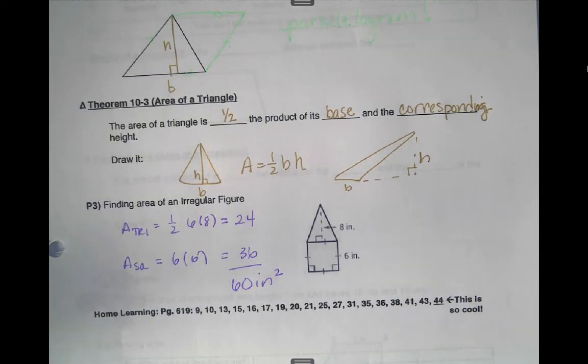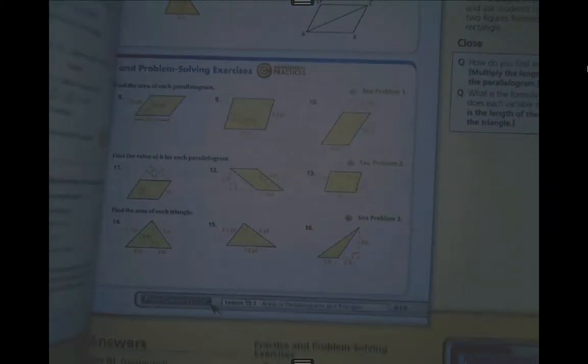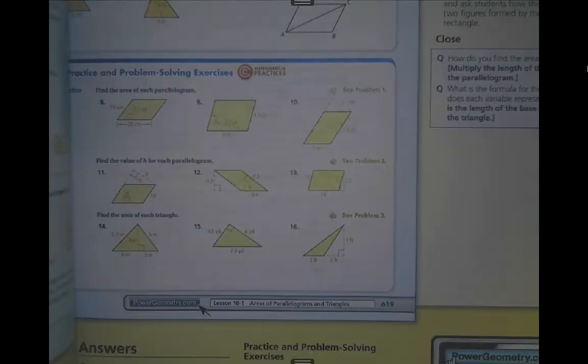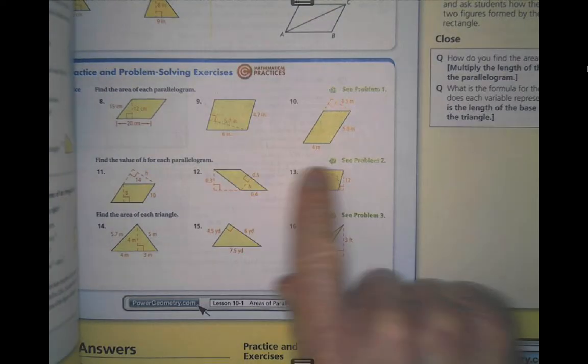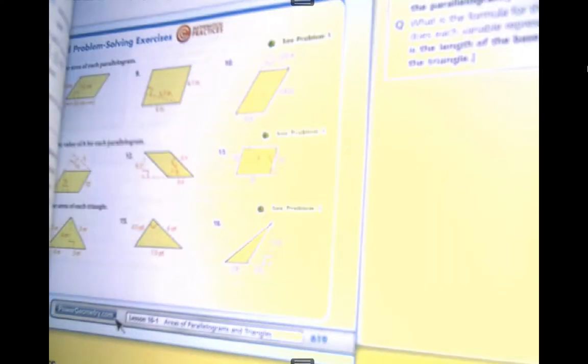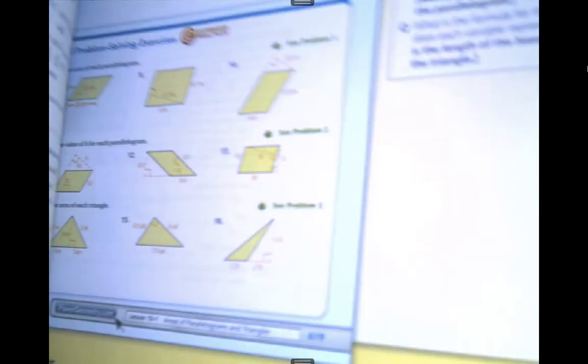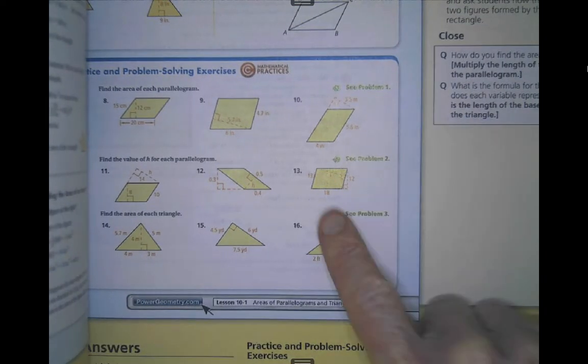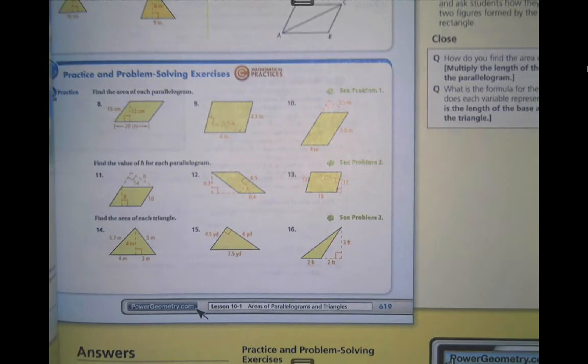Some of them are pretty straightforward for sure. Again, these are the ones that kids kind of have trouble with, finding that missing dimension. So let's look at number 13.